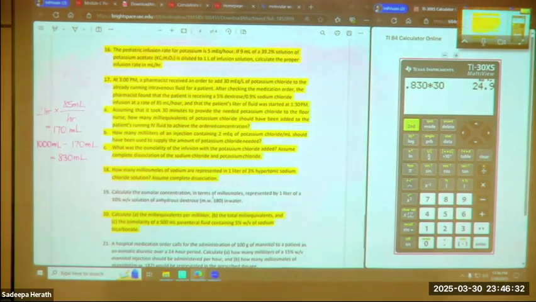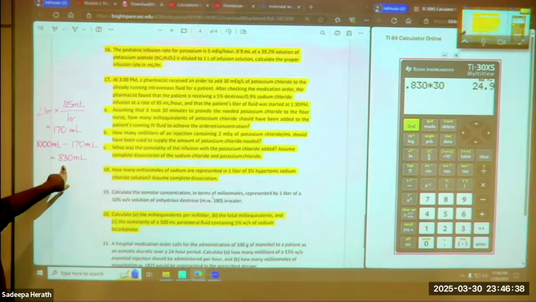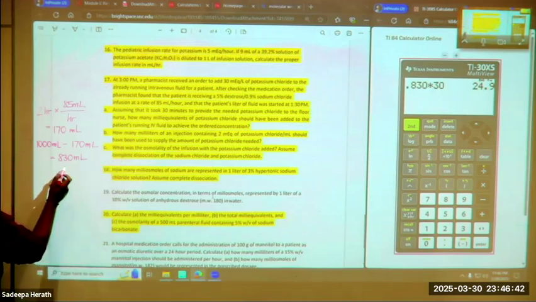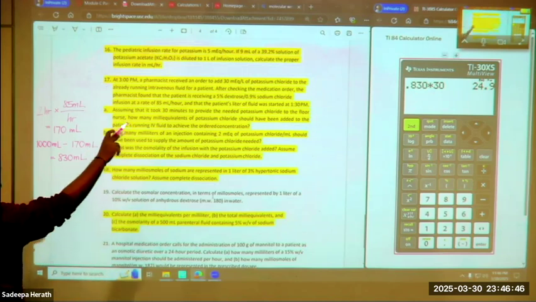Okay, so we want to maintain this concentration, whatever you want to call it. But we also want to find out how many MEQs it now is from this remaining quantity. So we just multiply it out. We just need to know that this is 830 milliliters and the concentration is in liters.